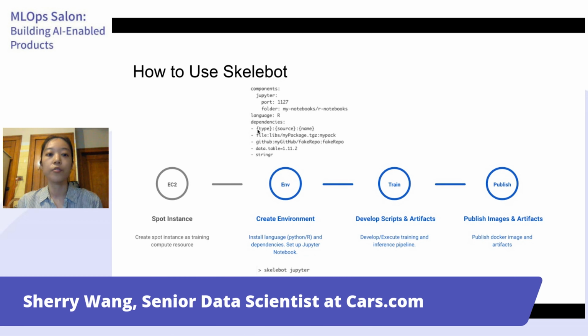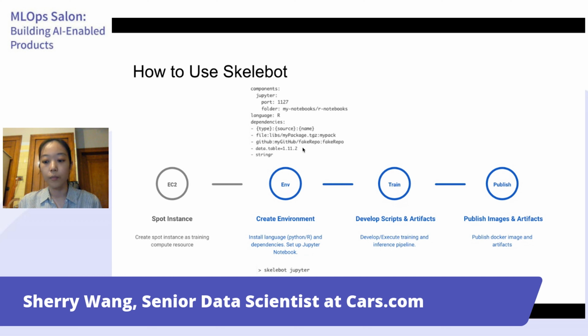But in general, you can specify any type of dependency, give it the source name and the package name, and Skelebot will be able to install that for you. So this will ensure that every time you run skelebot jupyter, you will get a Jupyter notebook running at the port you specified, in the folder you specified, with the same dependencies and languages.